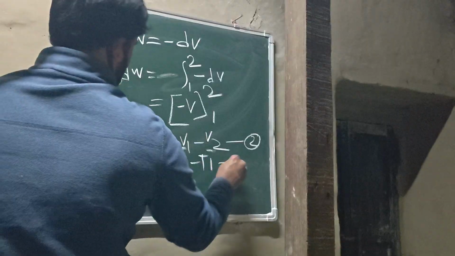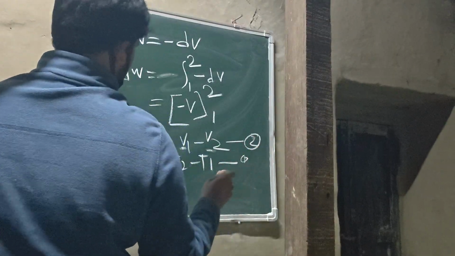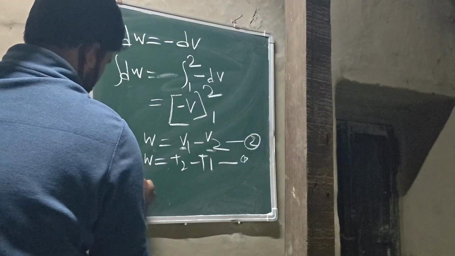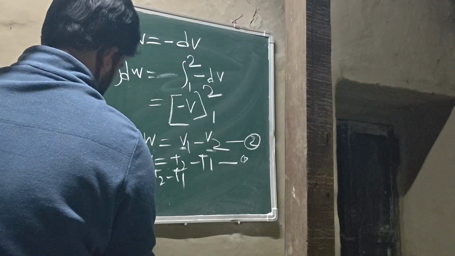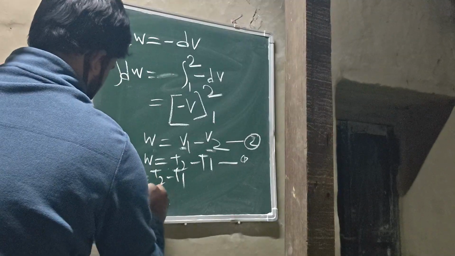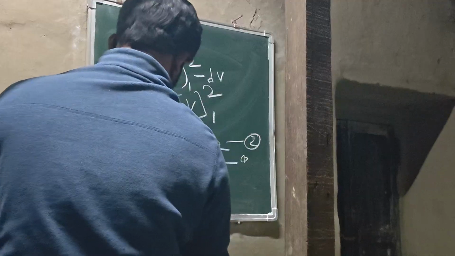Now from these two equations we get V1 minus V2 equals T2 minus T1, or V1 plus T1 equals V2 plus T2.